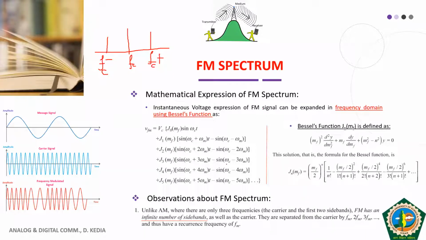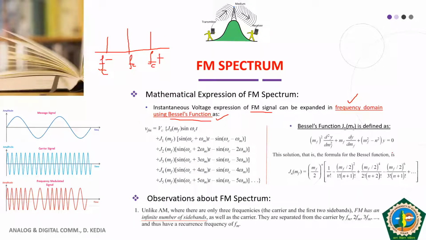We use a new mathematical function called the Bessel function. This Bessel function is used when we have a sine of a sine, and we will expand our FM signal in the frequency domain using it. Here we need not go into the details of the definition of the Bessel function.